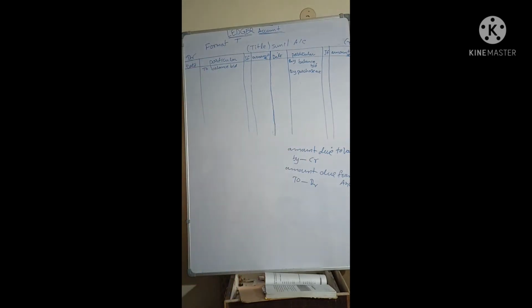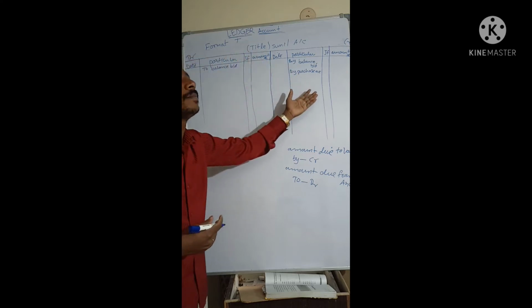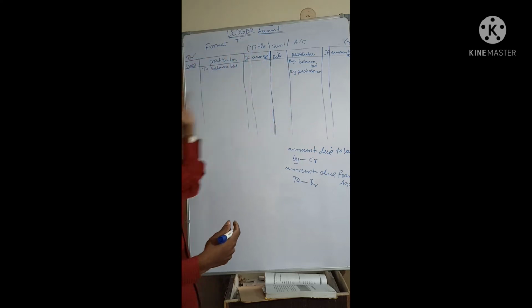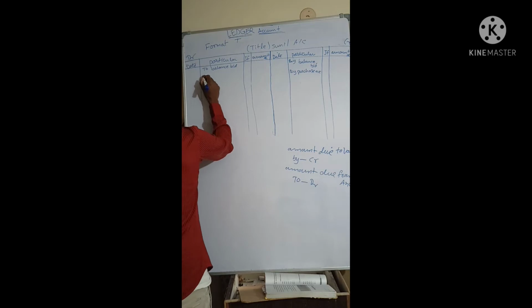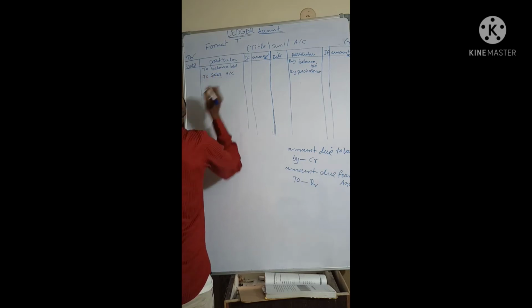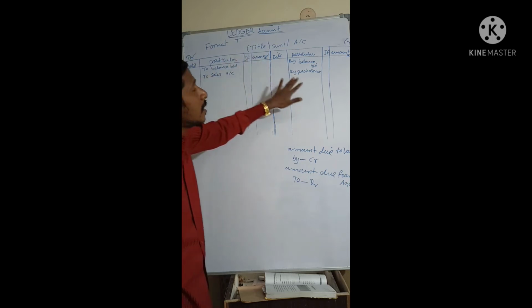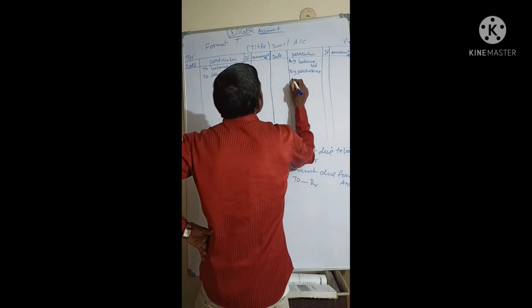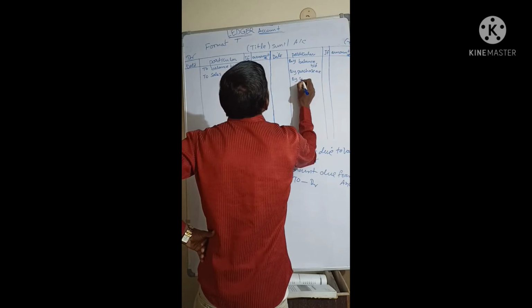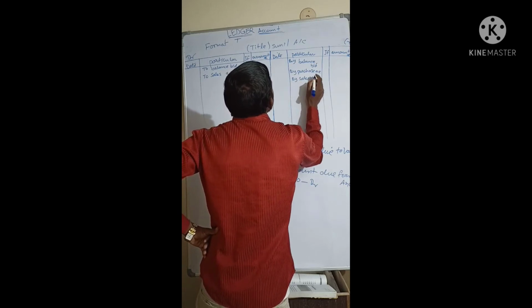And sales: if purchase comes on the credit side, sales is on the debit side, the opposite side. To sales account, debit side. Sales return is the opposite side, so sales return you should write on the credit side.